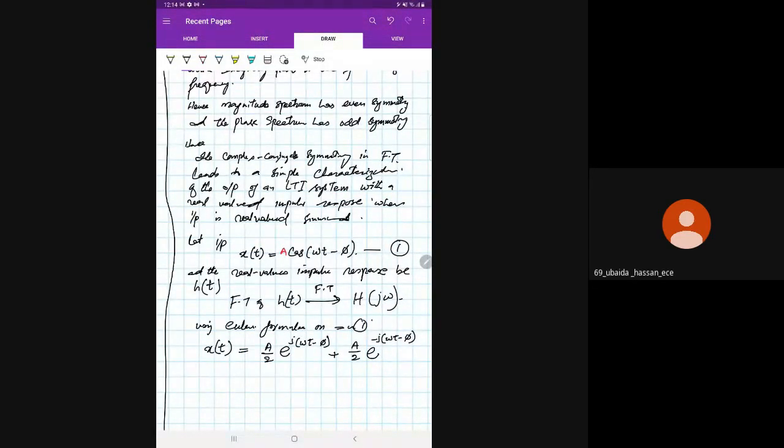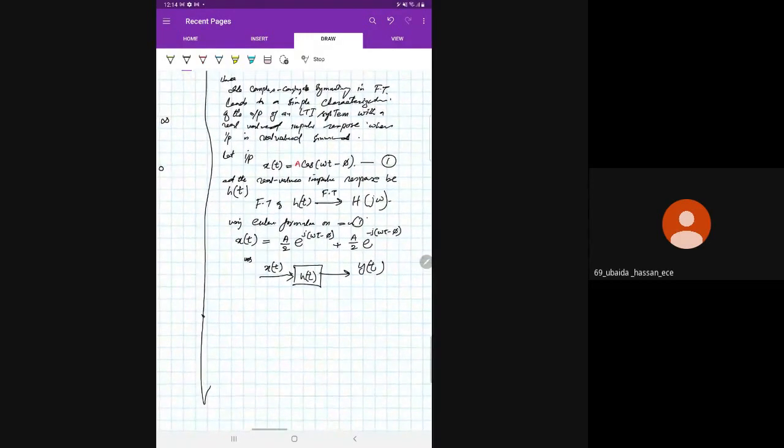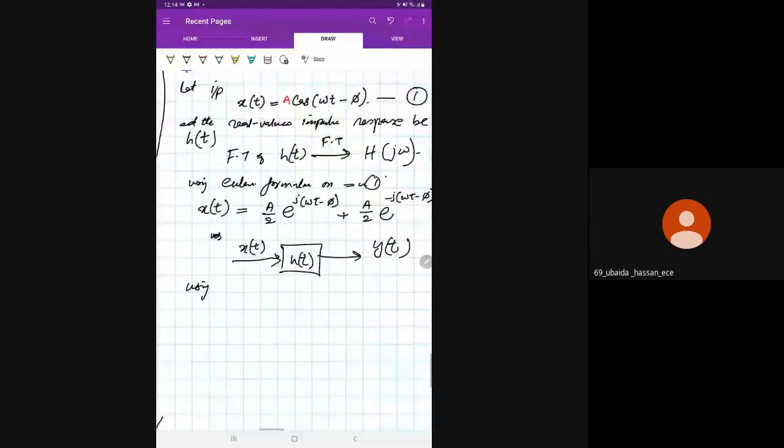Now we have already discussed the linearity property. This is the input, so our system is like this. This is h of t here. You are applying an input x of t, then you are obtaining an output y of t. So using the linearity property now, because we have two terms.